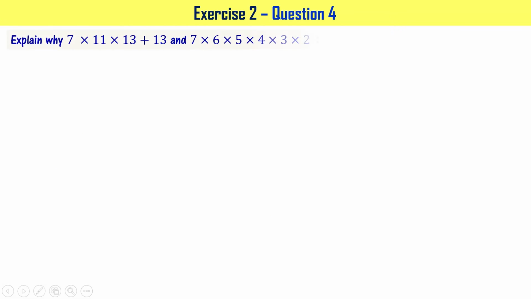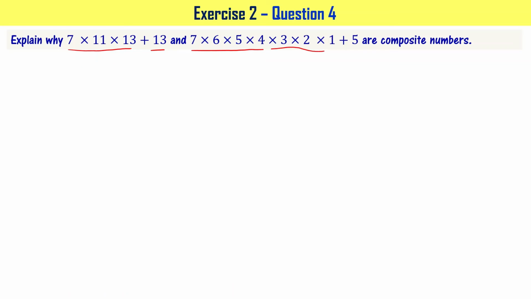Question number 4. Explain why 7 times 11 times 13 plus 13 and 7 times 6 times 5 times 4 times 3 times 1 plus 5 are composite numbers. We are asked to explain why the given numbers are composite numbers, right? Let's consider the first given number, that is 7 times 11 times 13 plus 13.